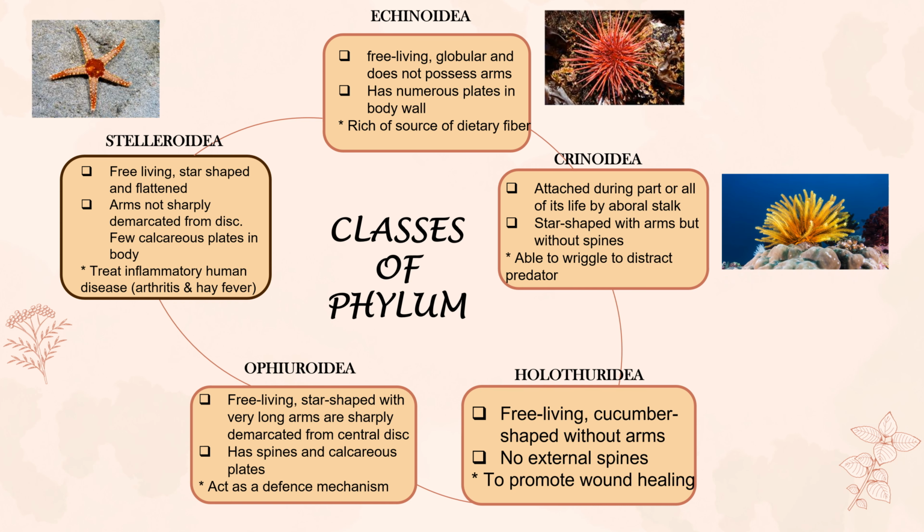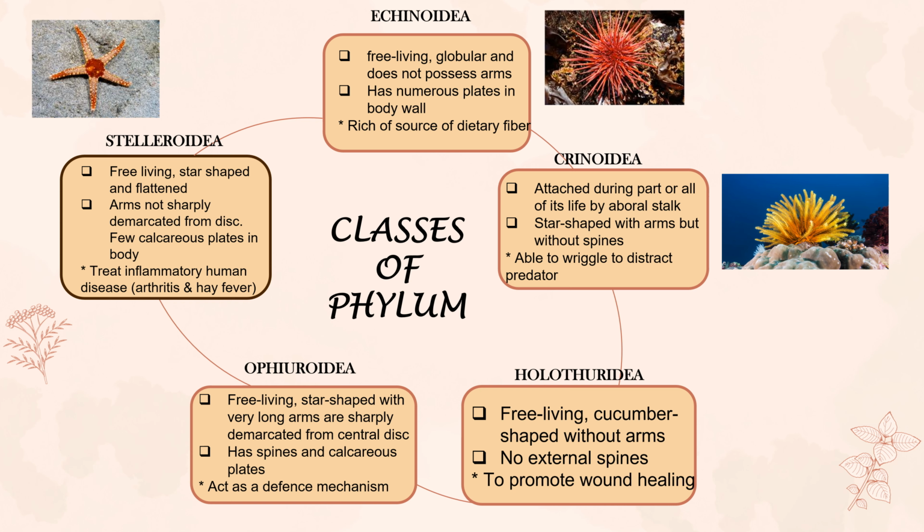The next one is Crinoidea, which means feather star. They are attached during part or all of their life by an arboreal stalk, and they are star-shaped with arms but without spines.